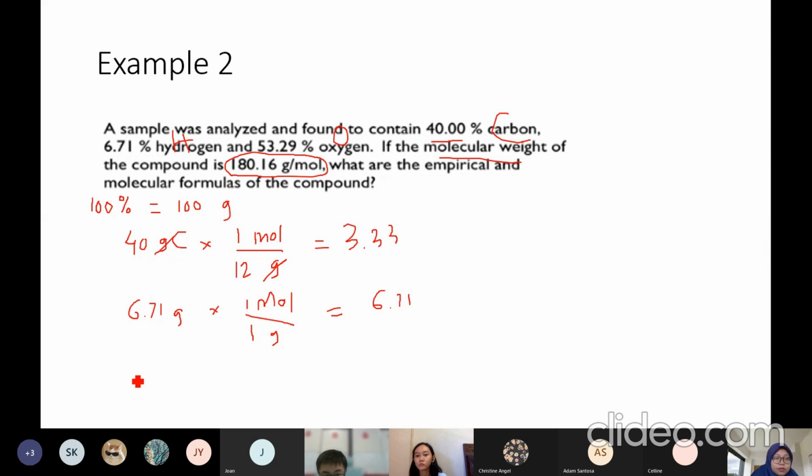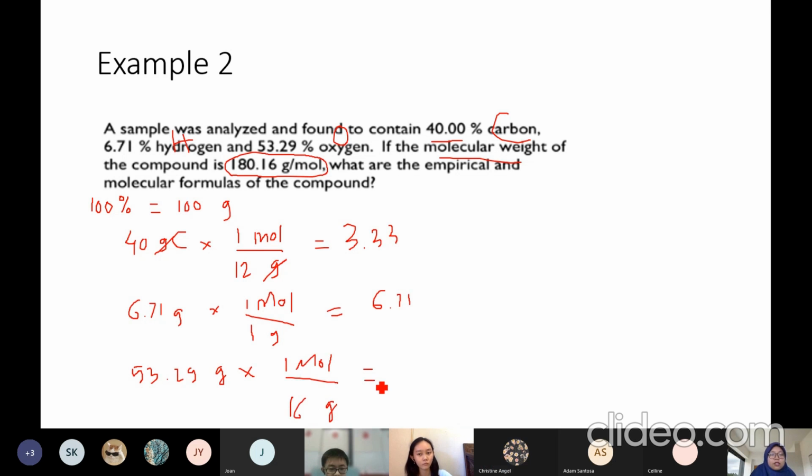Oxygen, 53.29 grams divided by how many grams in 1 mole? 16, yes, good.